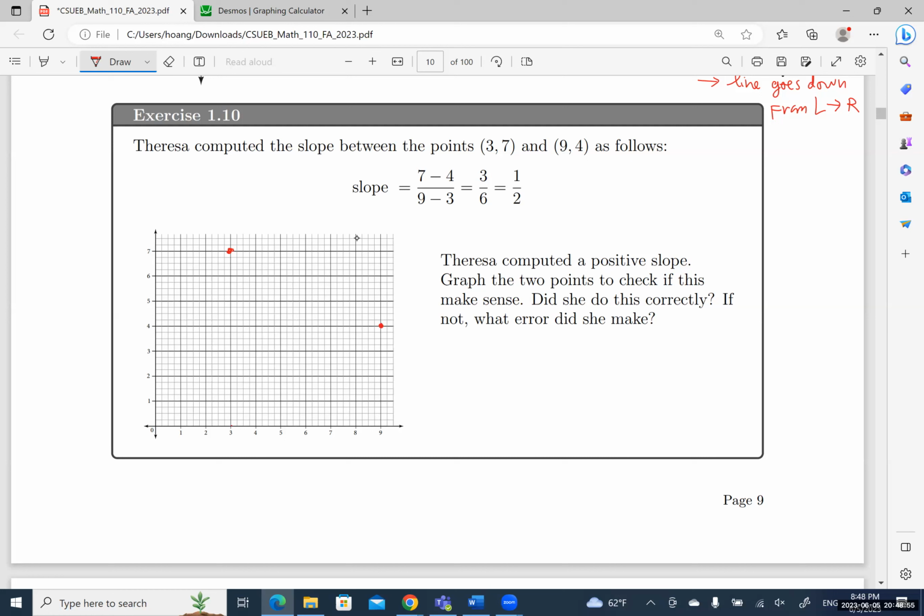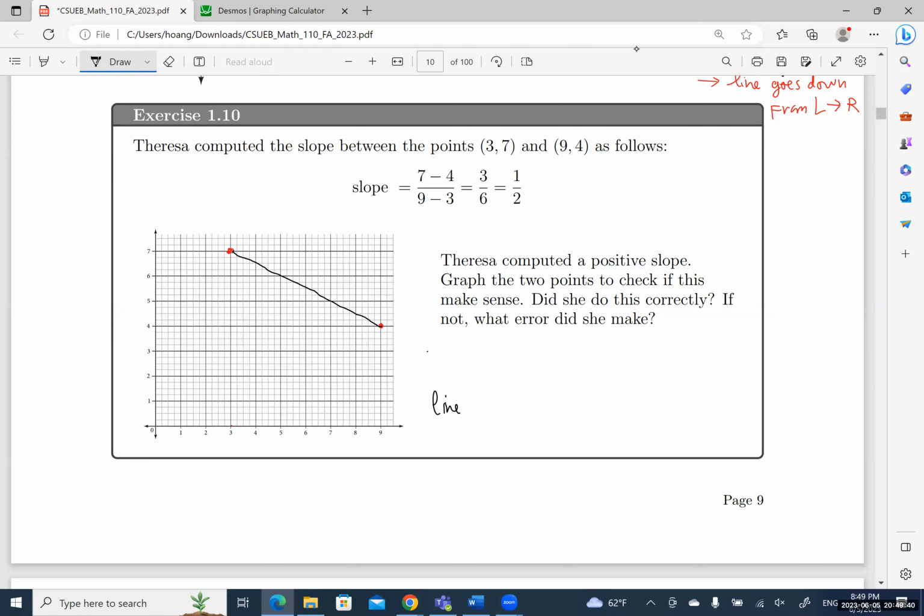And you see now I have a line that's going down from left to right. That means the slope is supposed to be negative. Something was wrong.